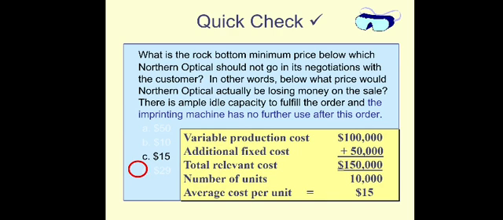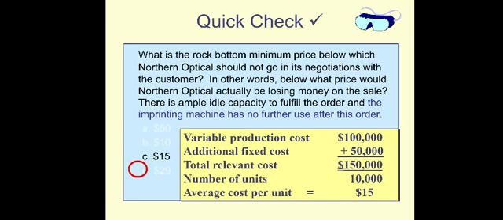And also here, after the variable cost of 100,000, the company has to pay additional fixed cost, which is the imprinting machine, 50,000. So if the company accepts the order, the total relevant cost is 150,000.